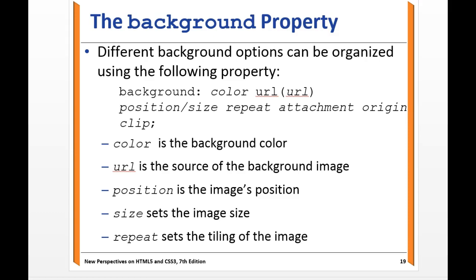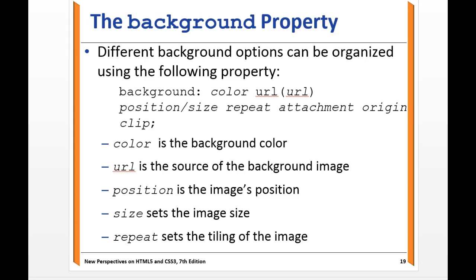So you can put the background colon, and then the color, the URL with the path of the image, the position, maybe center, the size, maybe by percentage, and then if you want it to repeat or no repeat, the attachment could be either fixed or scroll, and then the content box for origin clip.